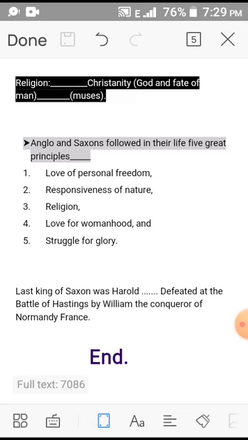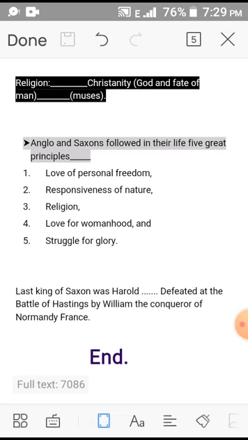Basically, the Anglo-Saxons followed five great principles in their life. Number one is love of personal freedom. They are free to write. They are brave people, so they are free to speak anything they can. Second is responsiveness to nature. They are very close to nature and reality.